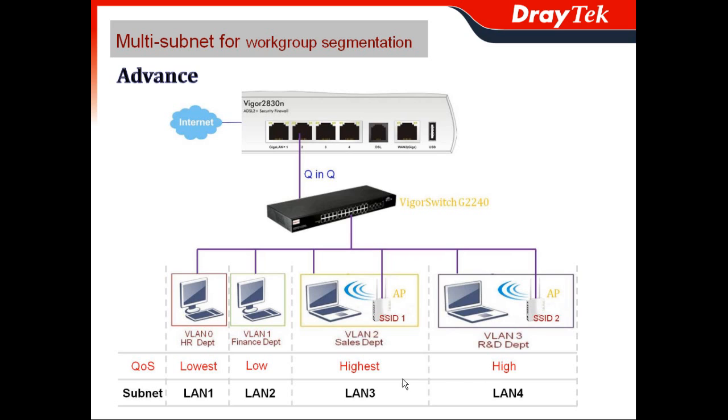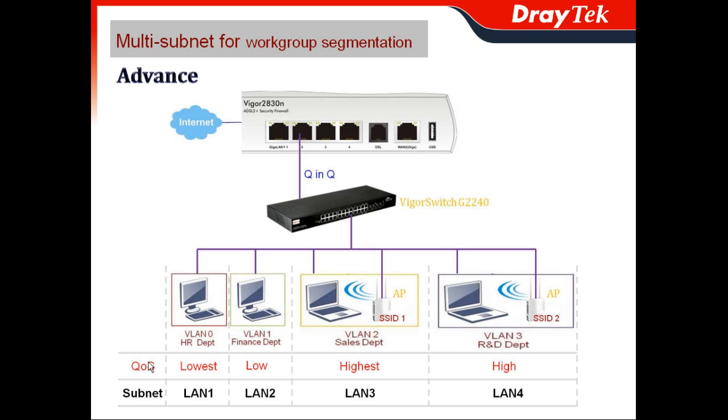For example, the salespeople may need the highest priority for their data communication in order to communicate with the outside world. And in our case, the lowest priority may belong to the Human Resource Department because, due to their business operation, they don't need fast data communication with the outside world.